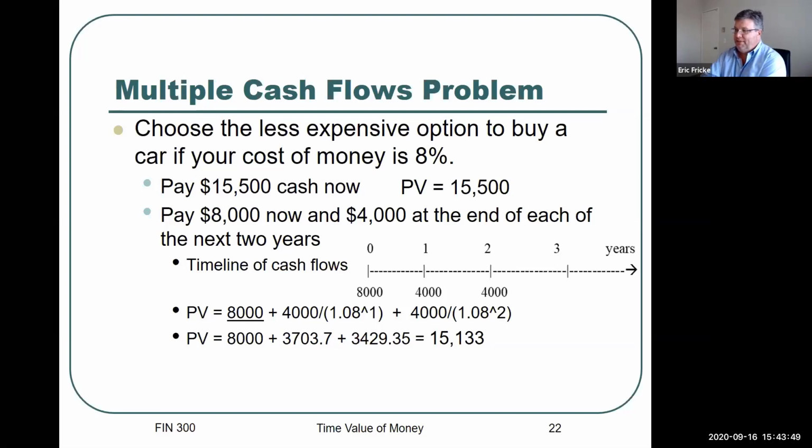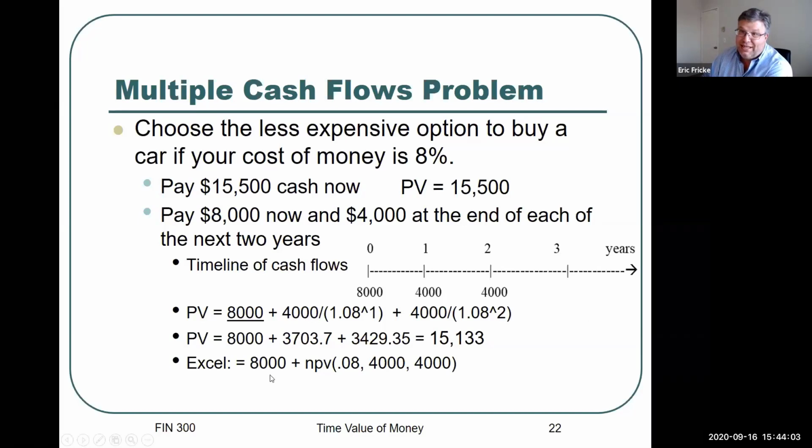There's another way to do this problem, and that is using the Excel formula for NPV. So this is what it looks like. And notice how the 8,000, I left it outside of the NPV formula. And that's because, again, it's already at present value time 0 terms. So we don't have to put it into the NPV formula.